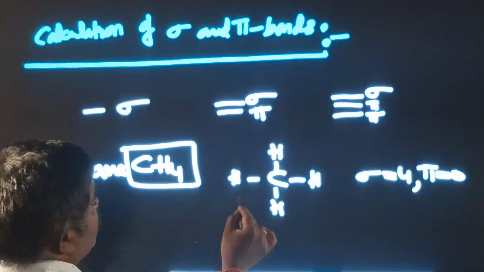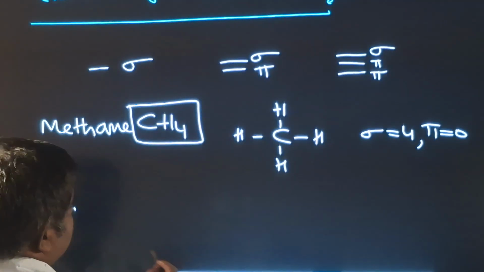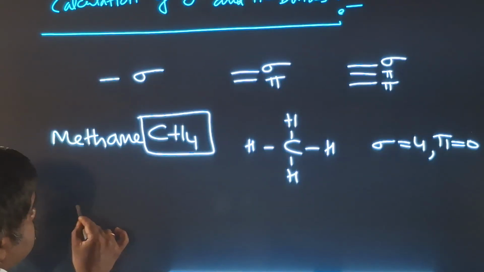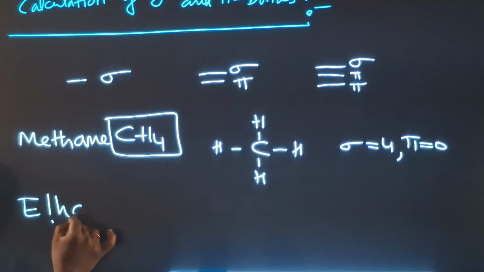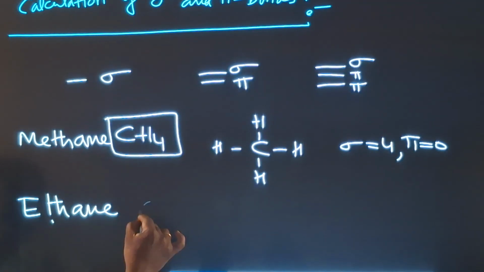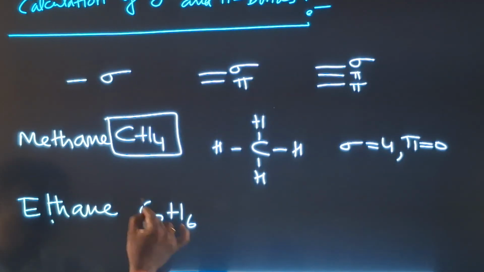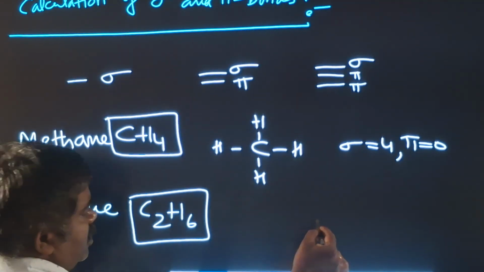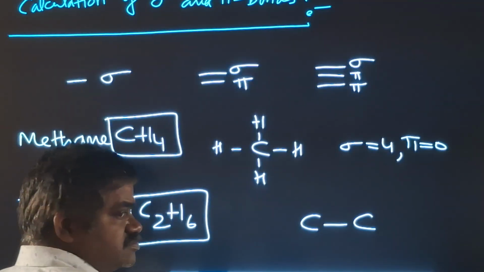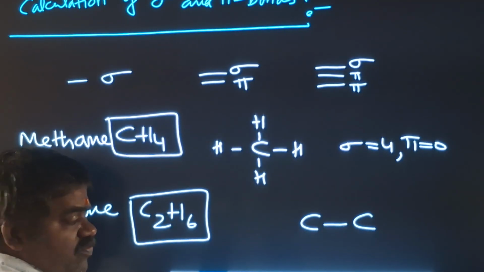Let's take another example, ethane. Ethane's formula is C2H6. So here the number of carbon atoms is 2, and the valency of carbon is 4.